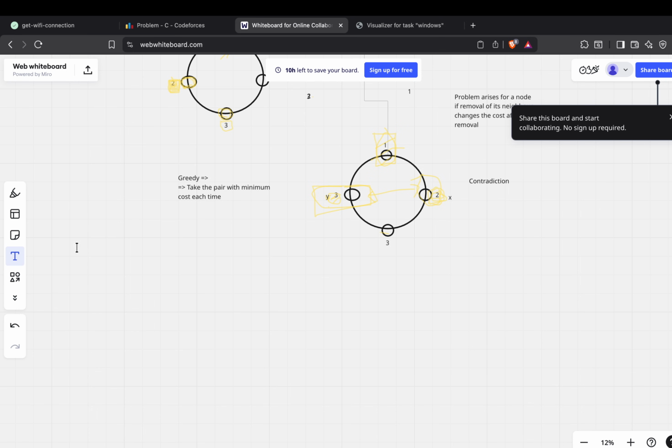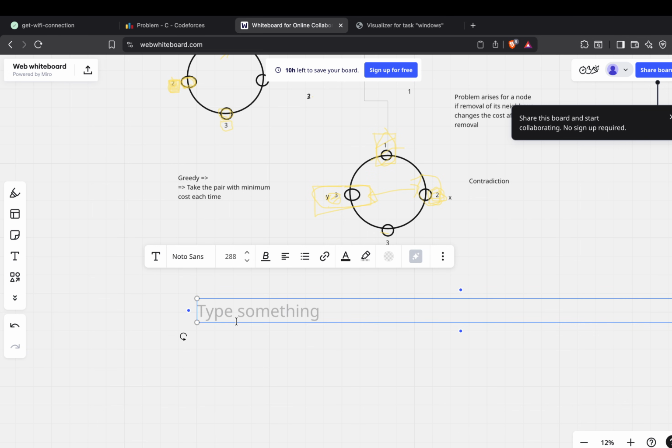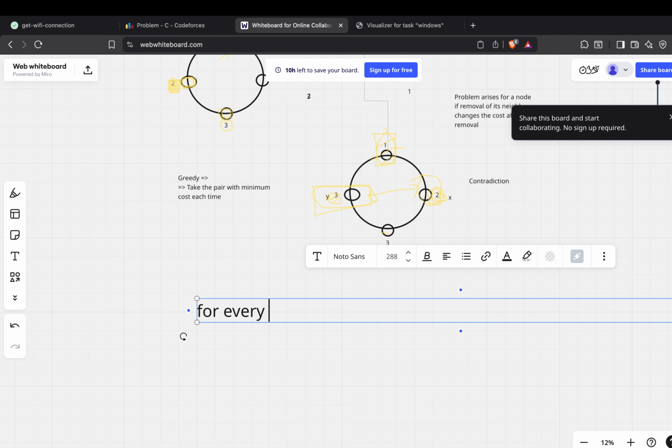Like, what would we implement for every iteration?